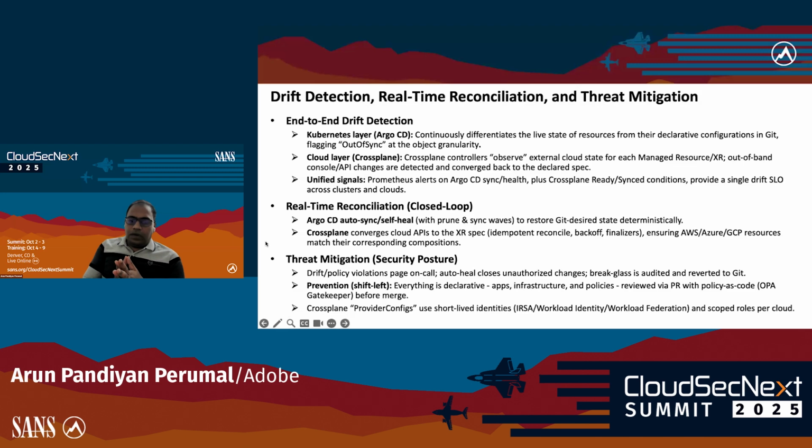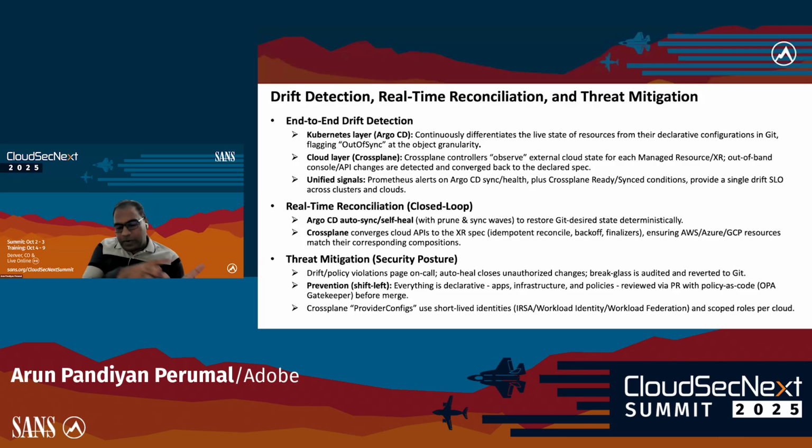For threat mitigation, if someone makes an unauthorized change or violates any policy, we can trigger alerts to go to the on-call persons or on-call teams, and they can initiate an auto-healing process that reverses those changes. So we can make the infrastructure fully auditable, and have the changes reverted back to what we have in Git.